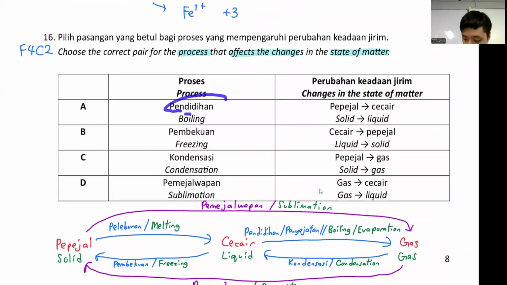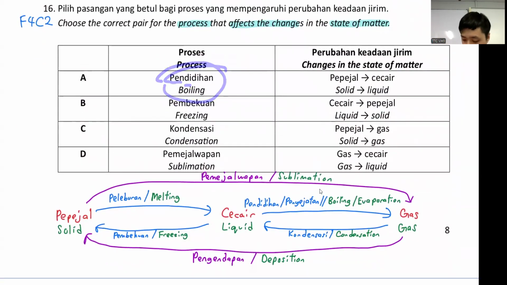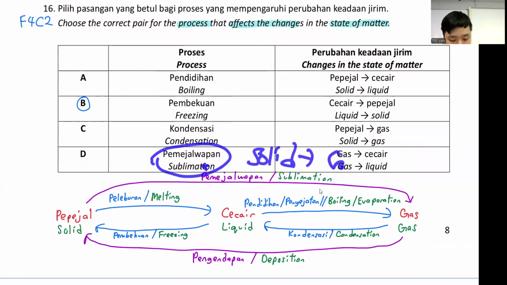Boiling is liquid to gas, so it's wrong. Freezing is liquid to solid, correct. So the answer is B. C, condensation is gas to liquid. D, sublimation is solid straight away to gas. So the correct answer is B.